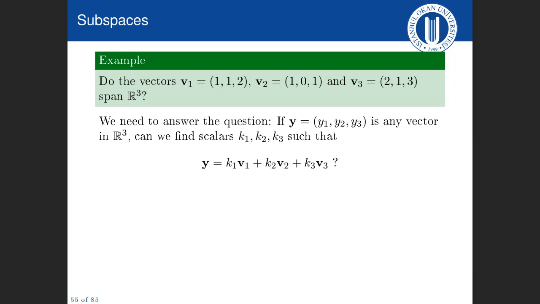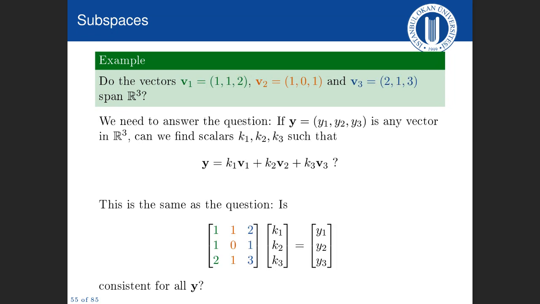That is the same as the question, is this linear system consistent for all y? There's first column v1, second column v2, third column v3, multiplied by the column vector k1, k2, k3 is equal to the column vector y1, y2, y3. Is this consistent for all y?